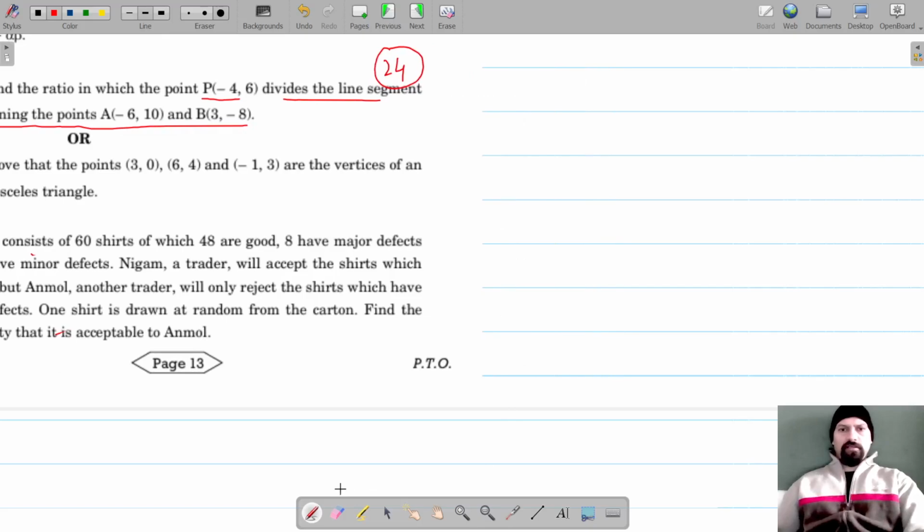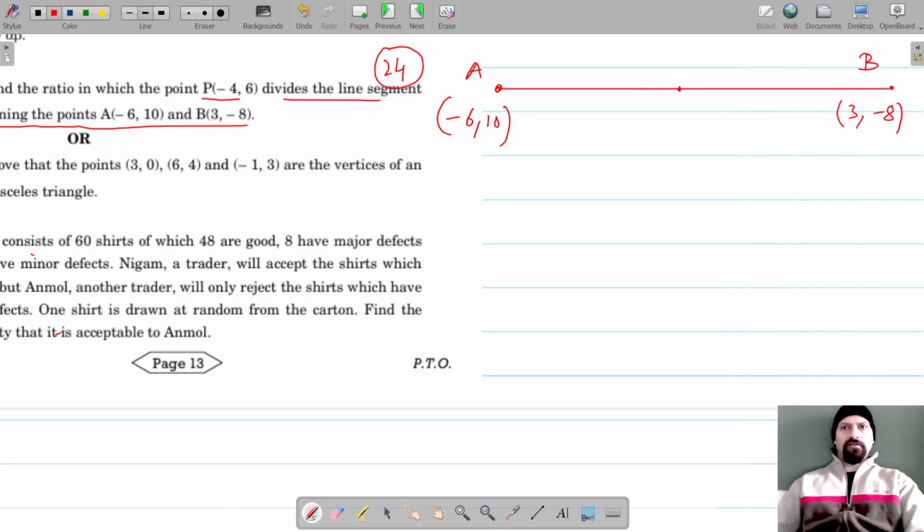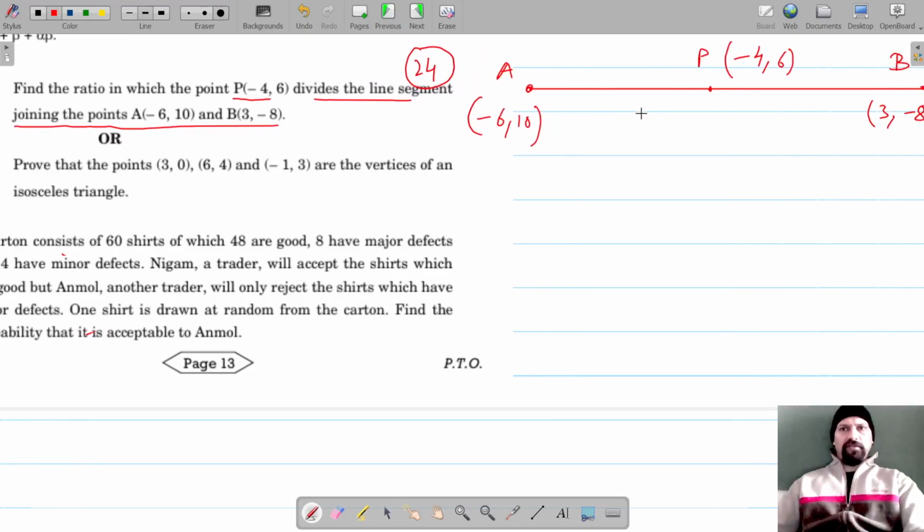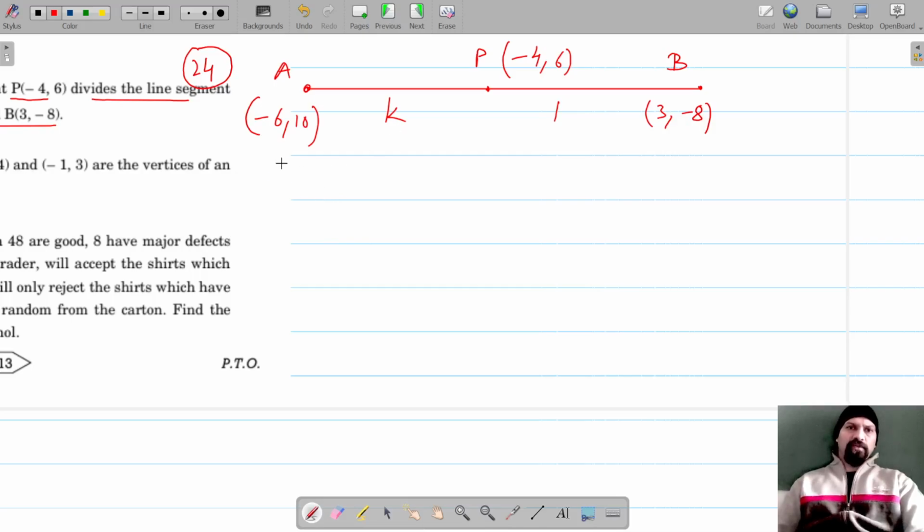Let this be the line joining the points A and B. So this is point A, minus 6 comma 10, and B is 3 comma minus 8. Now there is a point P with coordinates minus 4 comma 6, and it divides this line in the ratio, let this ratio be k is to 1.